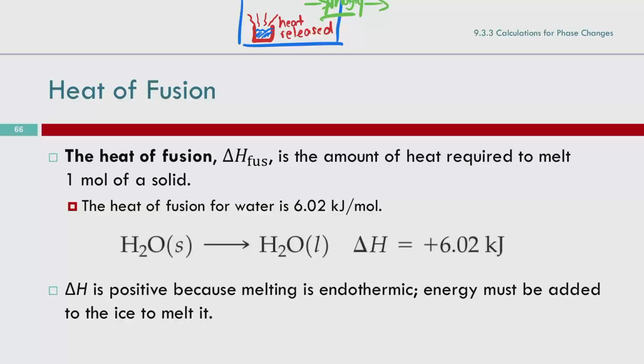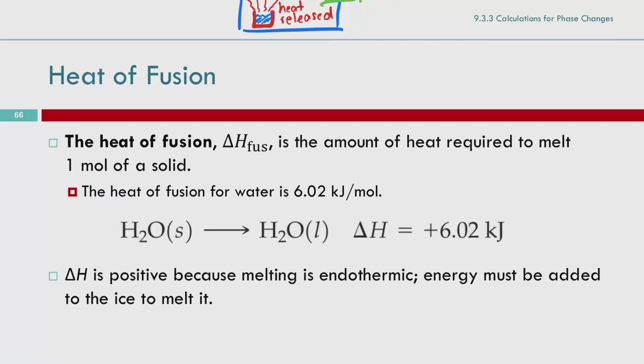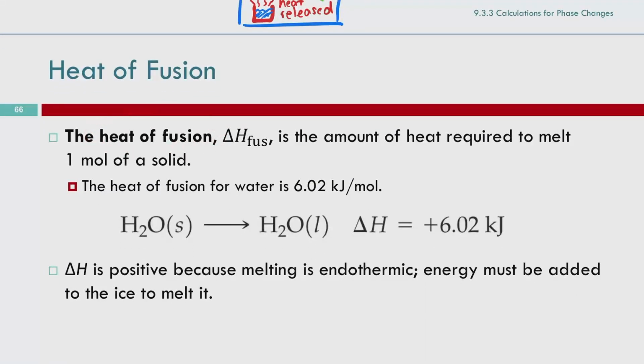The quantity that we use to describe the amount of heat that's transferred, the heat exchange that goes on when we melt or freeze something, is the heat of fusion. We shorten heat to delta H, and then fusion gets shortened down to FUS. Heat, usually in joules or kilojoules.